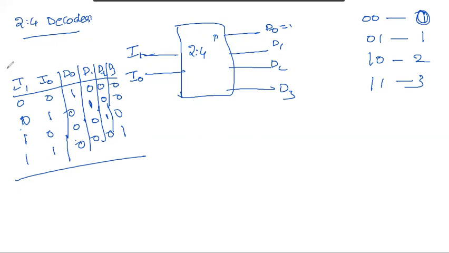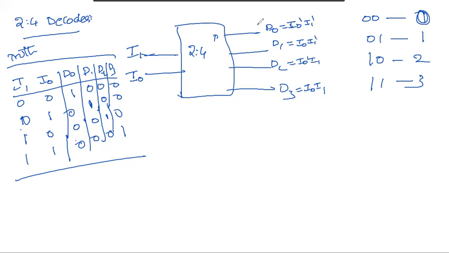Now truth table. This is the truth table. Now write the expression. So D0 will be what? I0 bar, I1 bar. D1, I0, I1 bar. D2, I0 bar, I1. D3, I0, I1. Right?